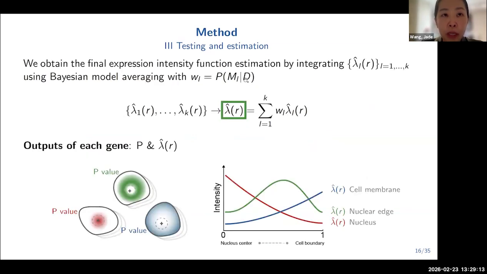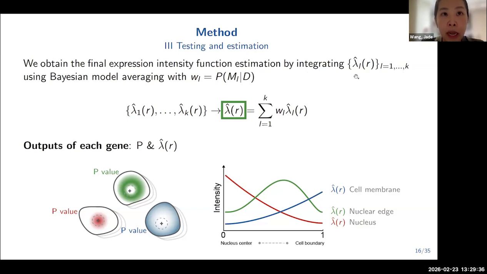We also want to have the estimated pattern as well. By now we have the estimated pattern per kernel. We definitely want to integrate the estimated patterns across kernels, because each kernel can only capture one aspect of the unknown pattern.